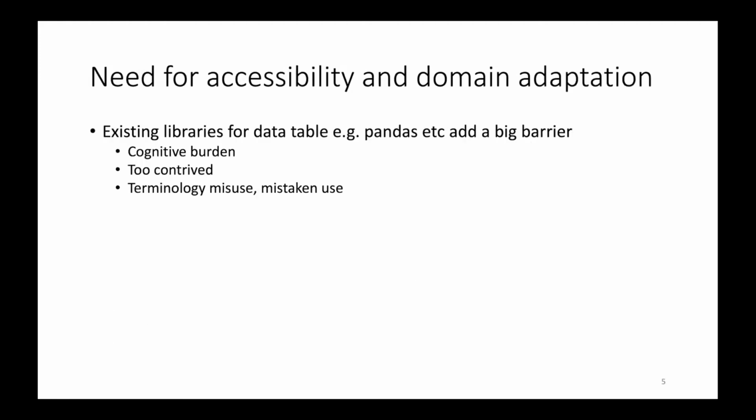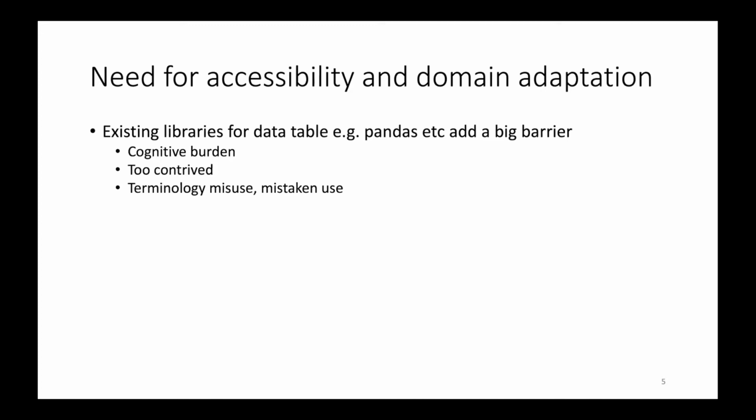Moreover, one might say, you know what, why not use pandas or Xarray or something else instead of a CSV file to try to reduce that pain? Well, what I found when I tried to do that was that using these libraries, there was some barrier of cognitive burden in terms of understanding what certain things mean in these data structures, and sometimes they can be too contrived.